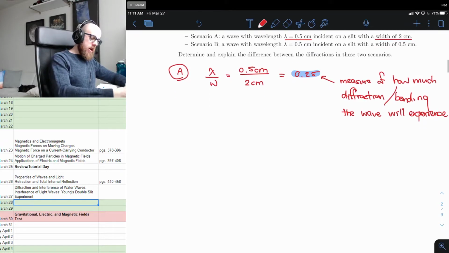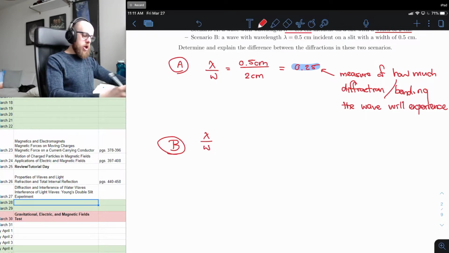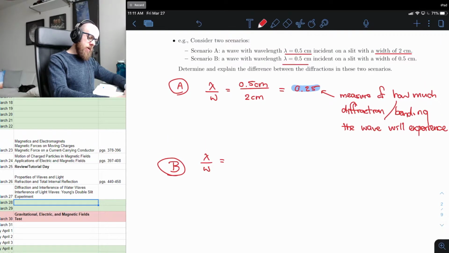Let's take a look at scenario B. Again, let's look at this lambda over W ratio. For scenario B, the wavelength for the second experiment is 0.5 centimeters, and the width has been reduced to 0.5 centimeters.